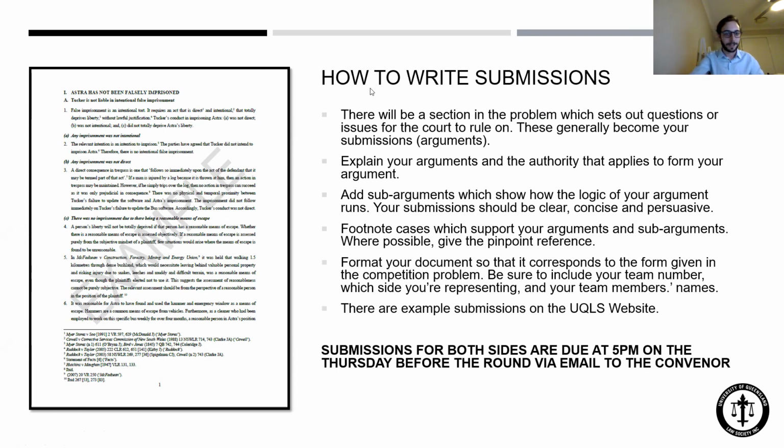So that's the other reason why your issues in dispute at the end of the problem are really important, because they should form the headings of your written submissions. And then after that, you will obviously break down your submissions into a series of sub-arguments that try to logically structure the argument so that, again, the judge reading them for the first time will be able to go, that's clear, that makes sense, and I understand what they're trying to say.